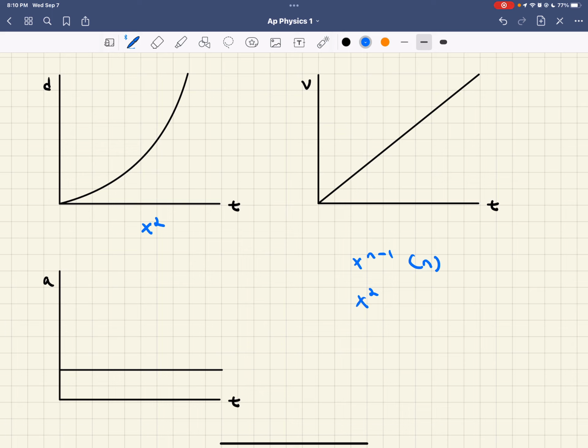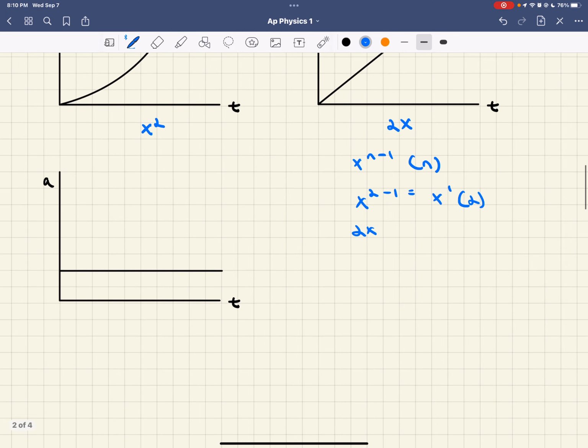So x squared minus 1 gives x to the first power times n, and the nth term is 2, so it'll be 2x. So that's your equation for the velocity graph. As you can see, that's a linear graph.